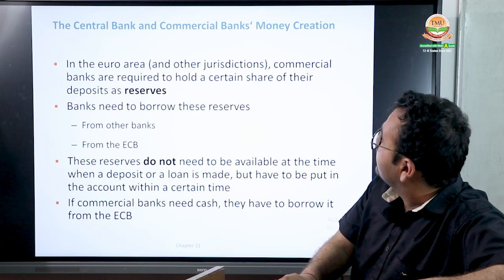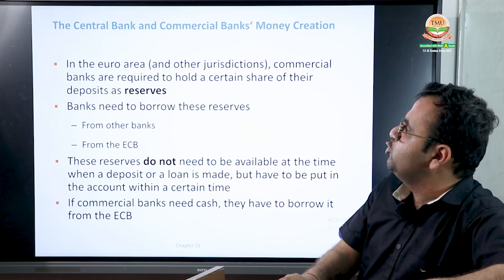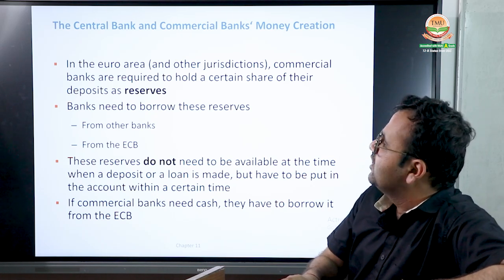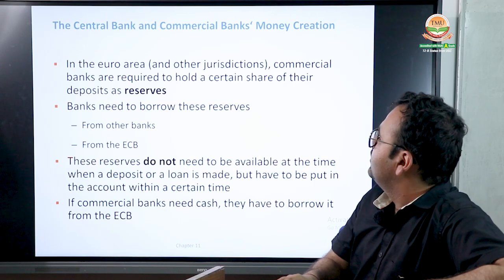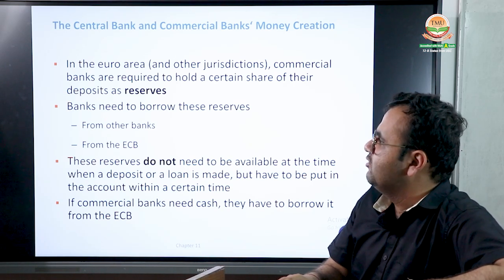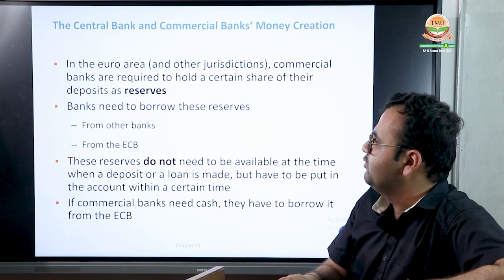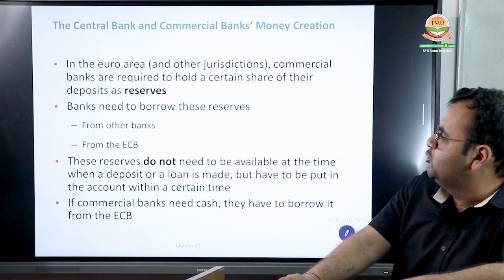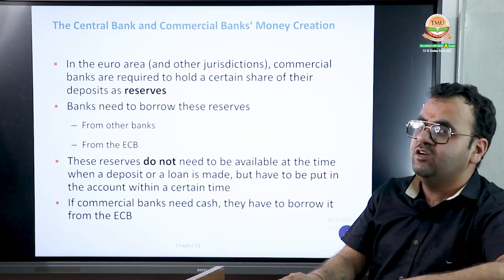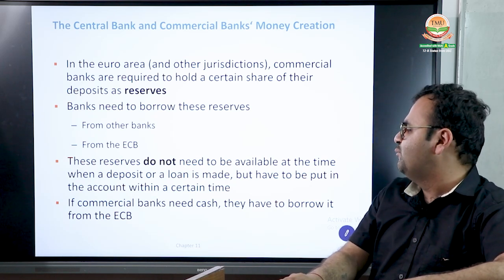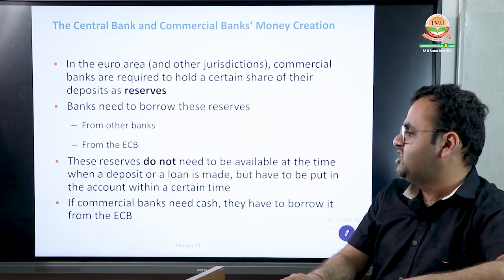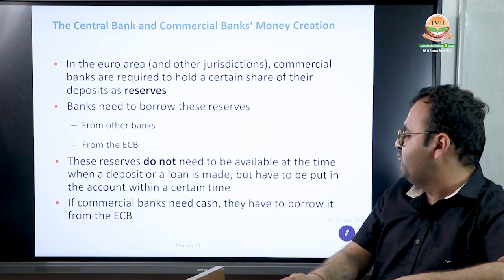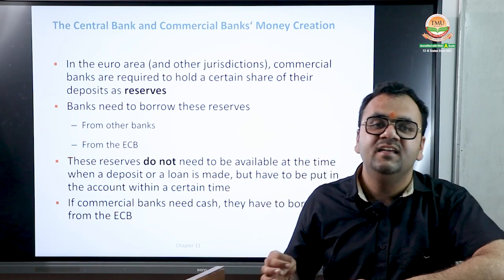Central bank and commercial bank money creation in the Euro area: commercial banks are required to hold a certain share of their deposits as reserves. Banks need to borrow these reserves from the ECB. These reserves do not need to be available at the time a deposit or a loan is made, but must be put into the account within a certain time. If commercial banks need cash, they have to borrow it from the ECB.